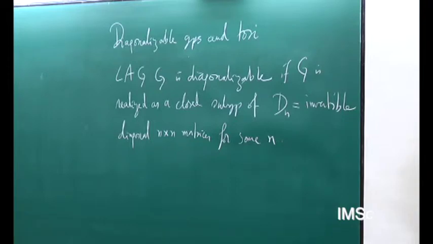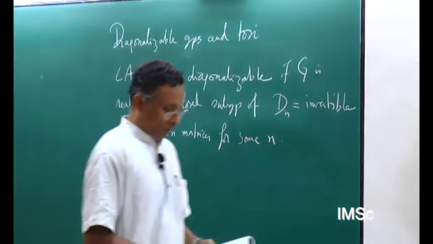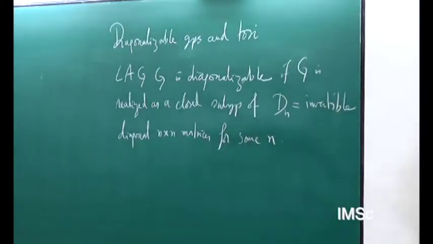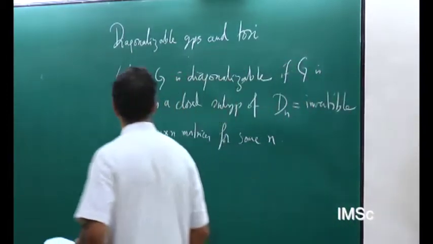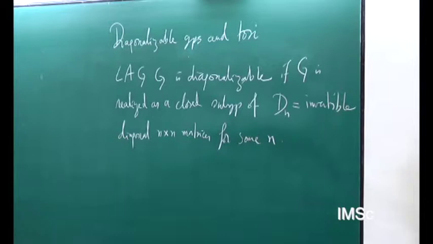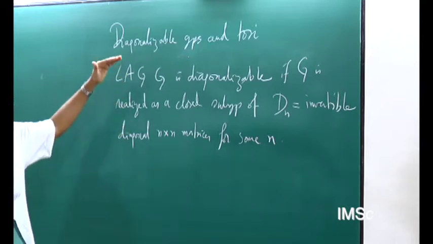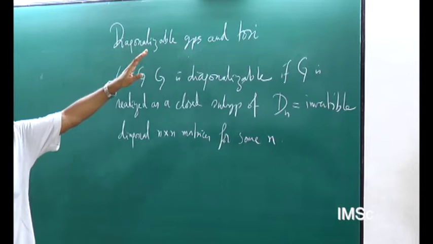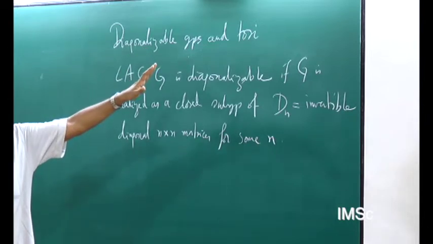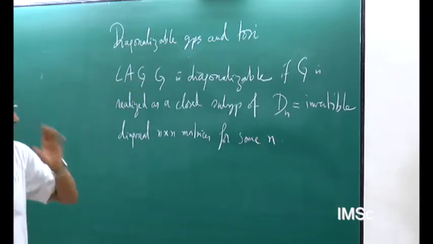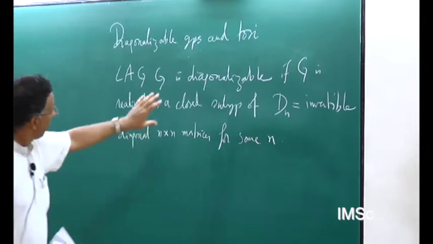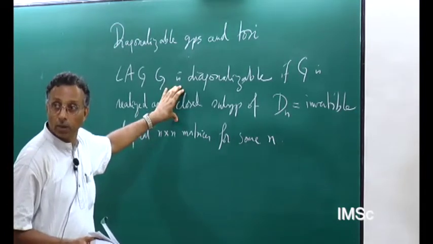And then we defined characters, and the reason why we need Dedekind's lemma is that it is crucial to us in the study of diagonalizable groups and of tori. So this is our definition of a diagonalizable group.